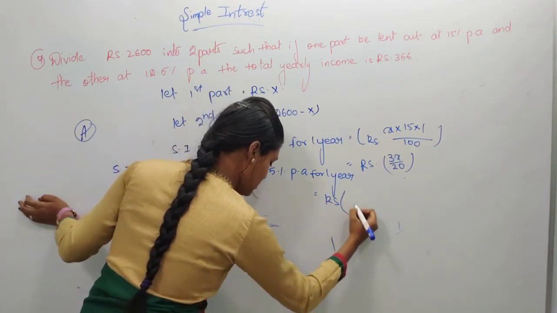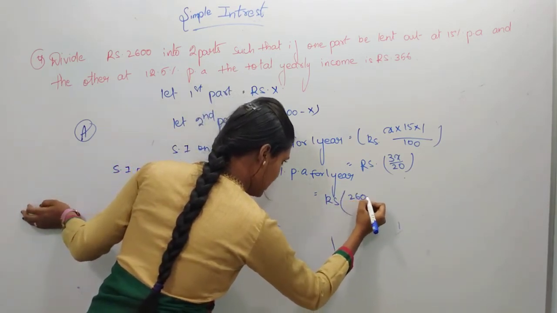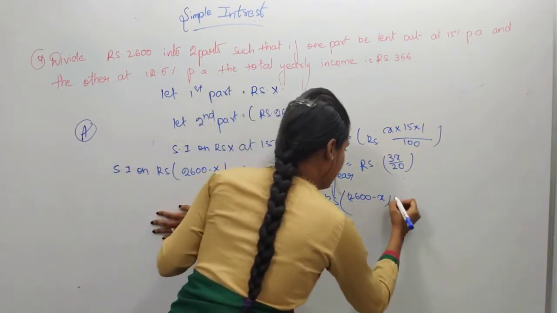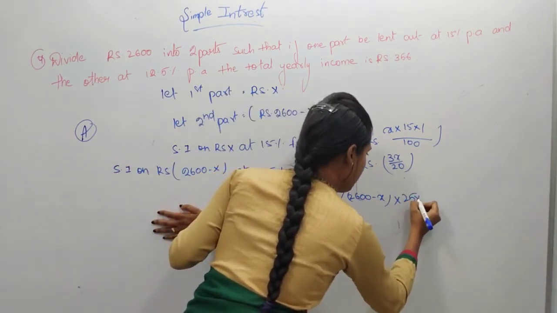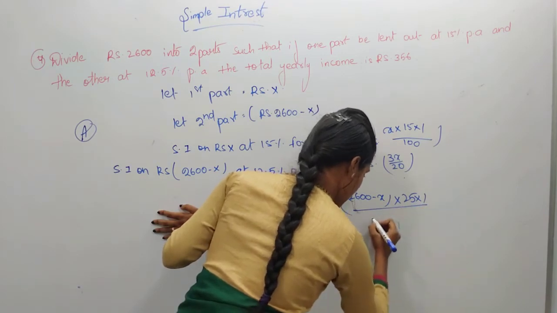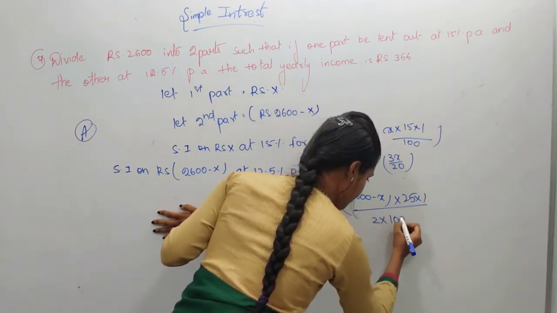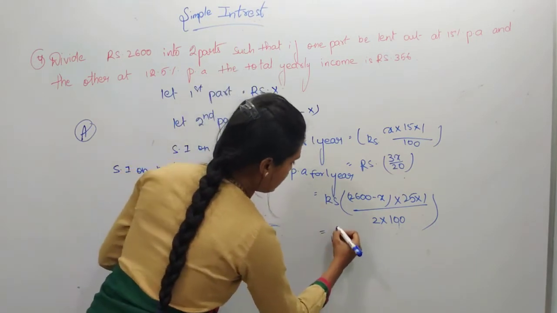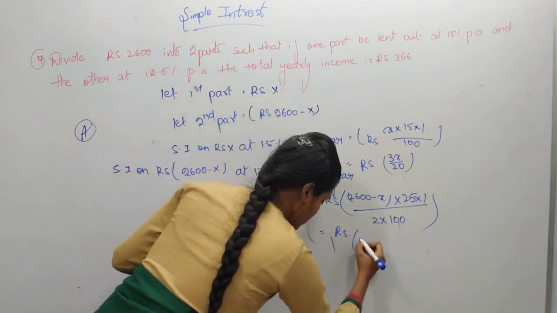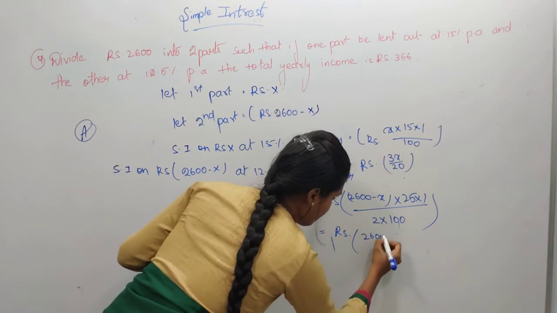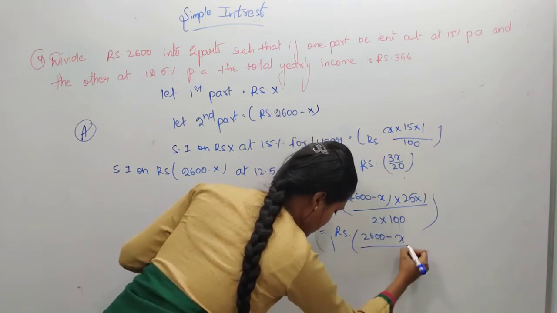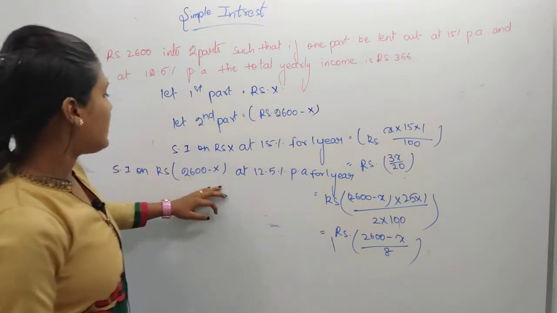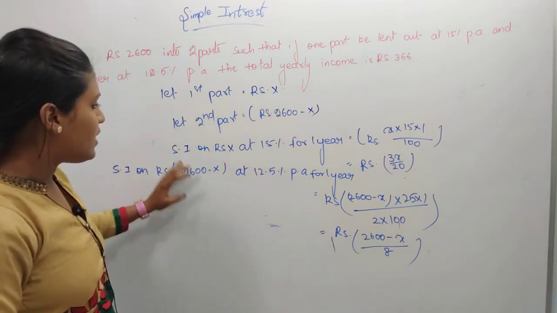Rupees 2,600 minus x into 25 into 1 by 2 into 100. By solving it, how much answer will you get? Rupees 2,600 minus x by 8. We have found the two parts given in the question.